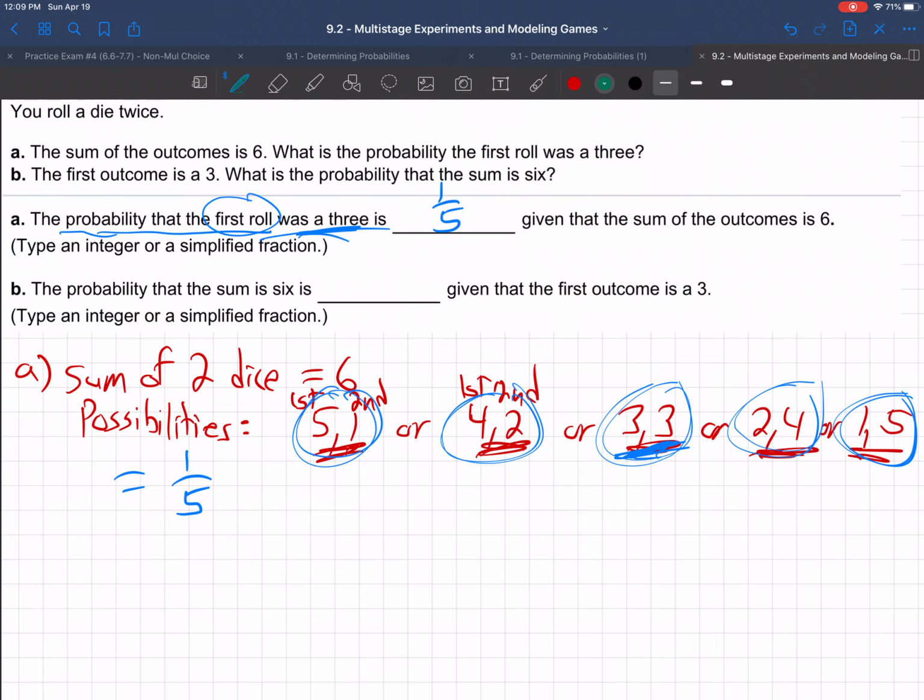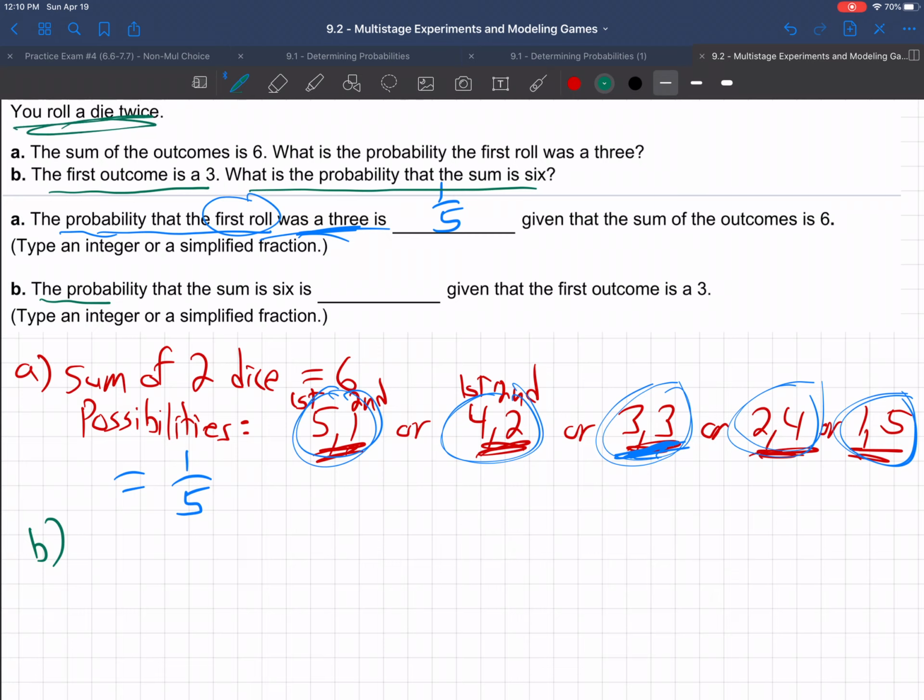look at part B. Now they're changing the story. For part B, they're saying the first outcome is a 3. What is the probability that the sum is 6? So the first outcome is a 3. So if you rolled 2 dice, that's the starting point here.